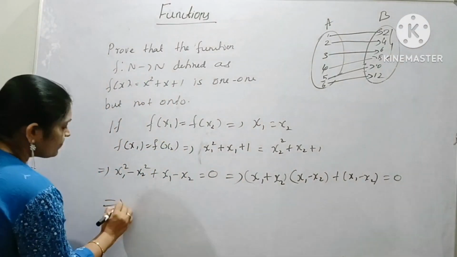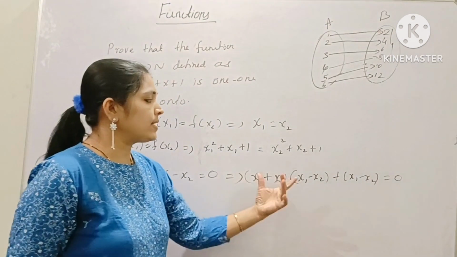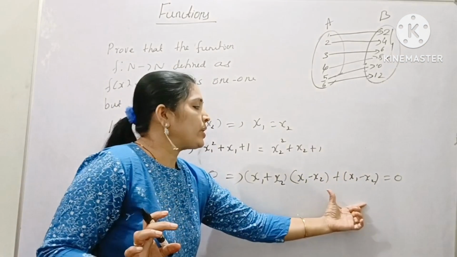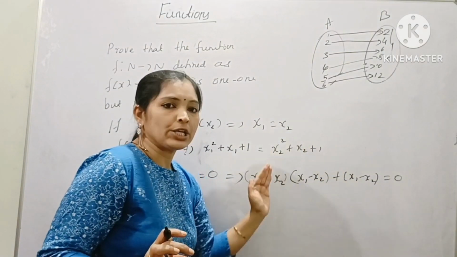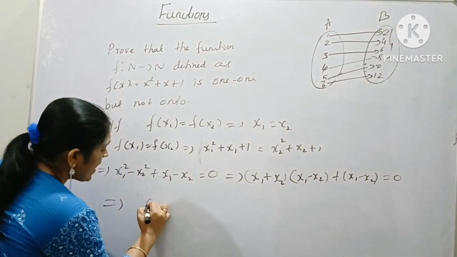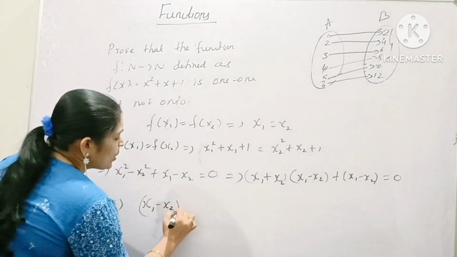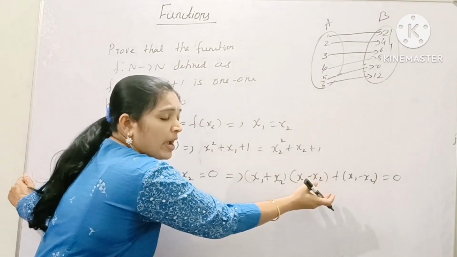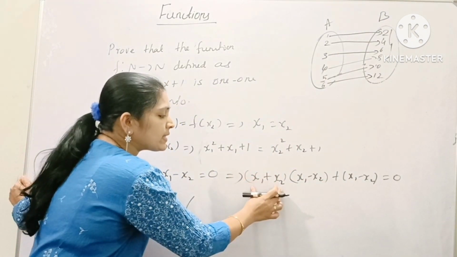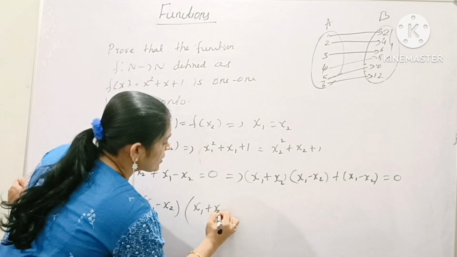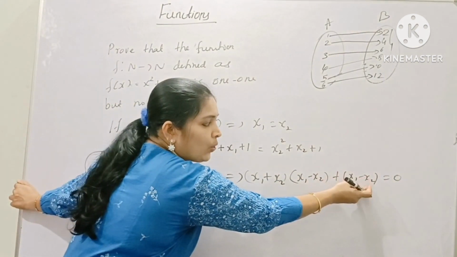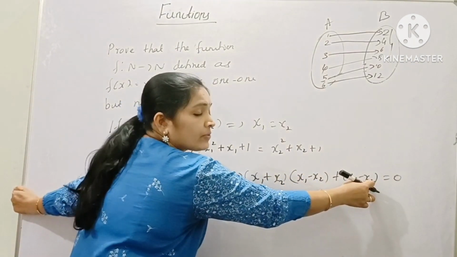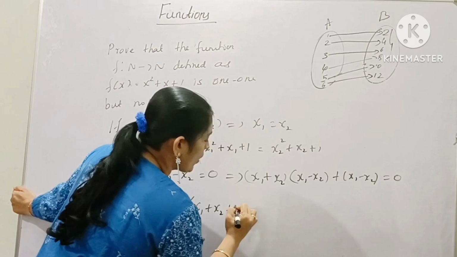Now, in both the terms, x1 minus x2 is common, so we will take it out. That is x1 minus x2 into what is remaining? We have taken out x1 minus x2, so in the first term x1 plus x2 remains, and in the second term, dividing, plus 1 remains.